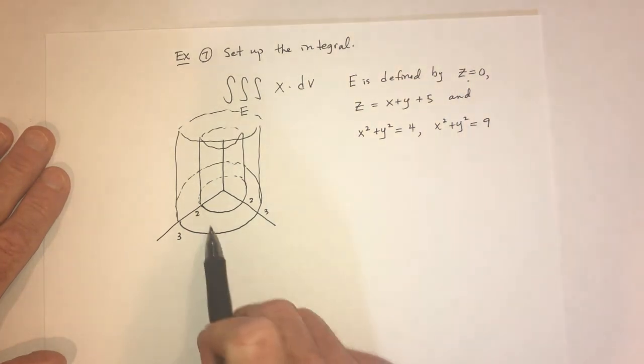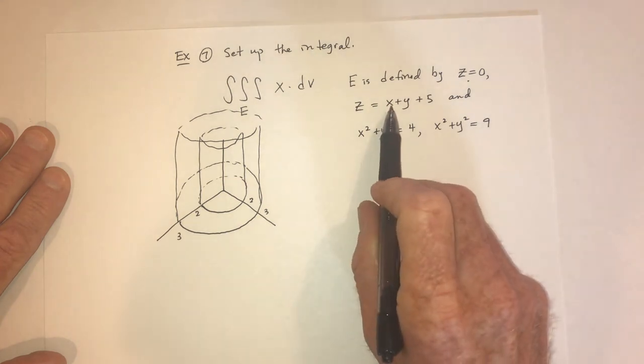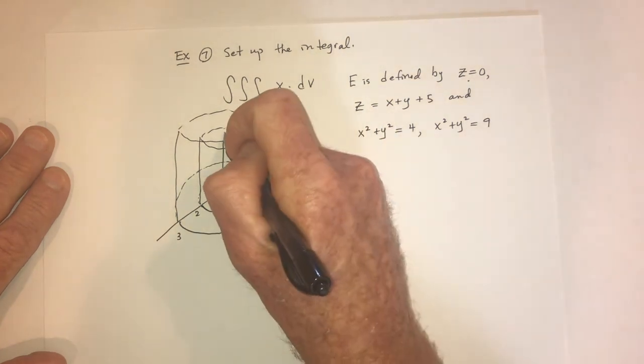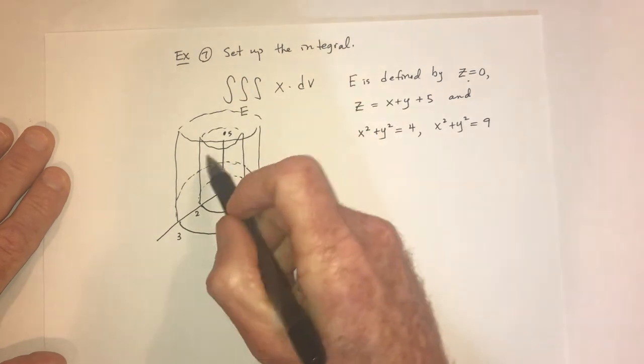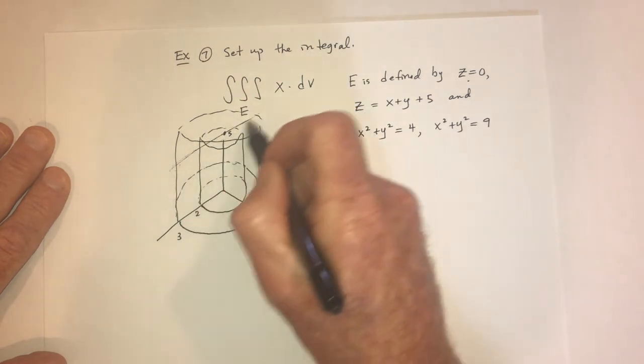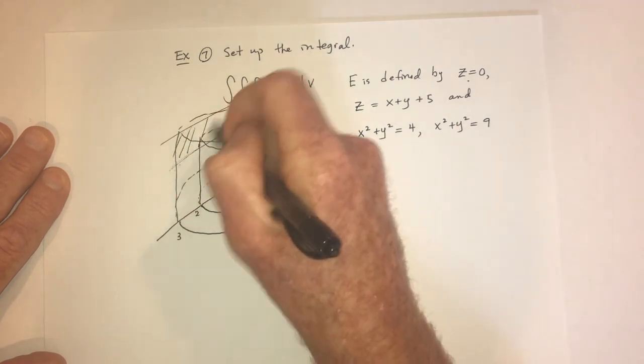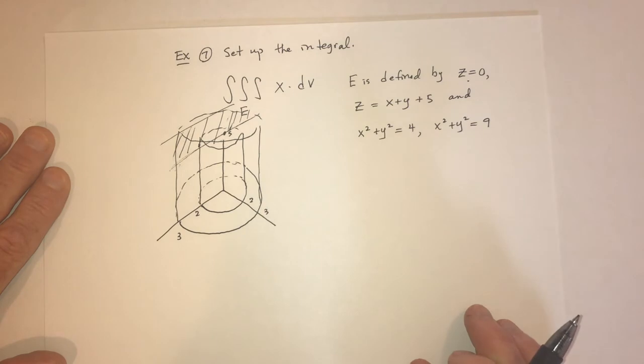So this is the ground, so got that taken care of down here. And then this plane, well, it got shifted up by 5, and then it's going at some angle. I'm not really sure what it is, and I don't think I really have to know what it is, but it's getting cut off up there at the top.